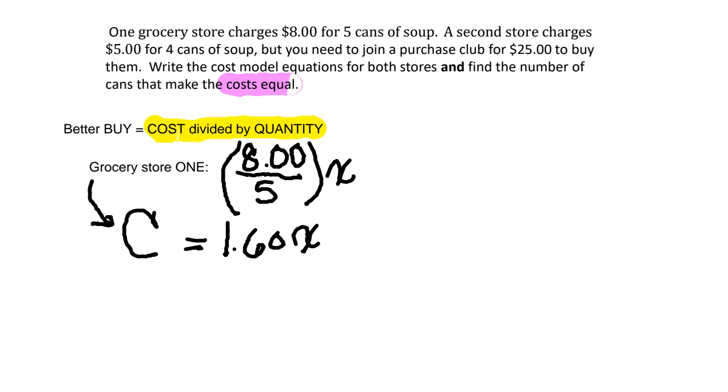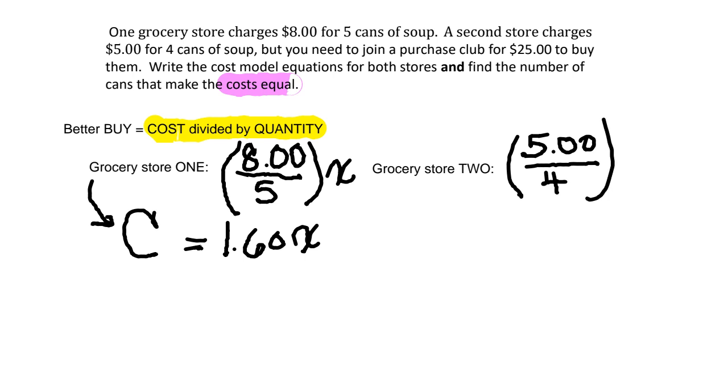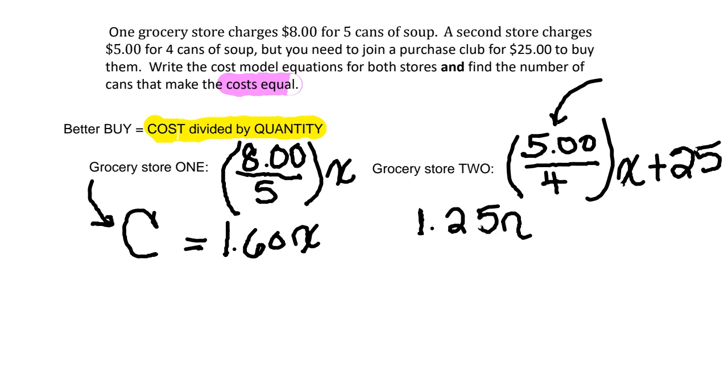It is saying that I am going to take $5 for 4 cans X, but I've got to add that club price. Well, write this as $1.25 X plus 25. This is my second cost equation.